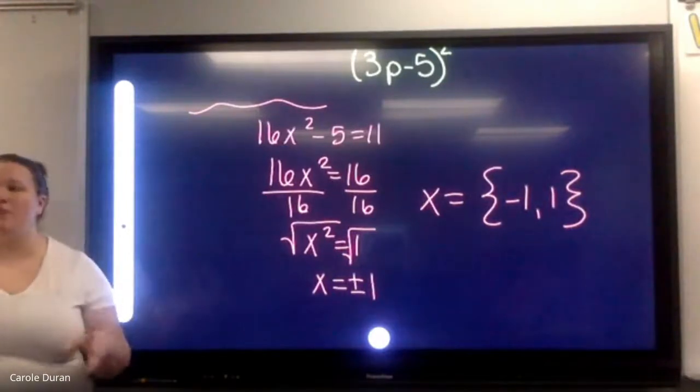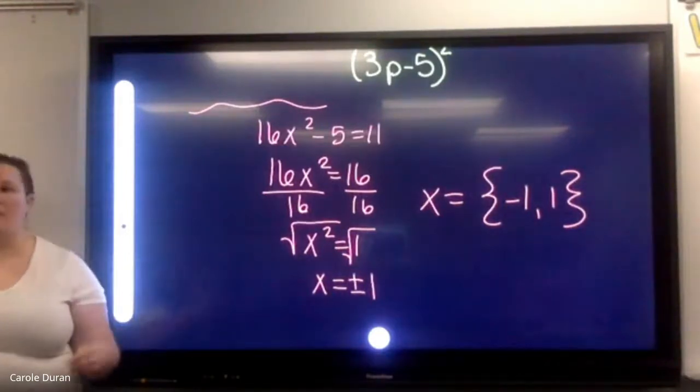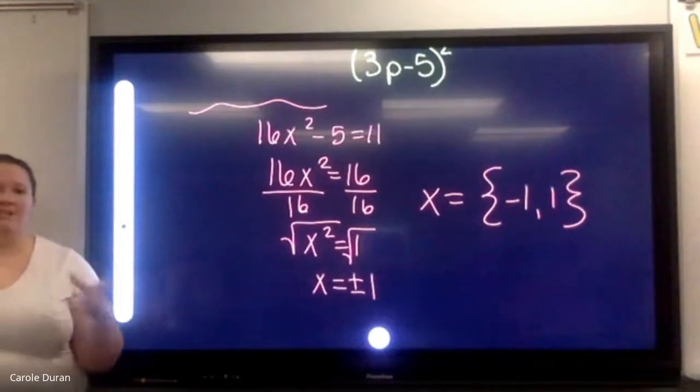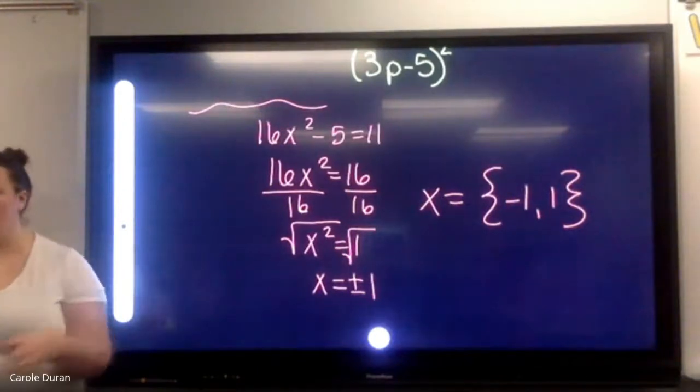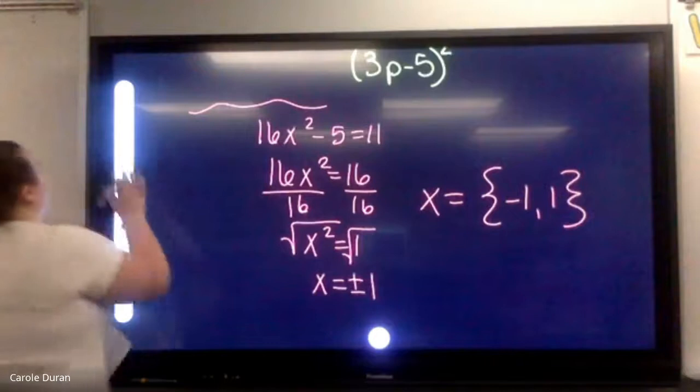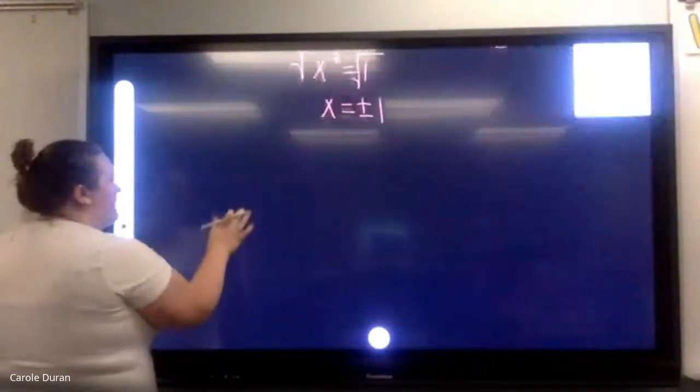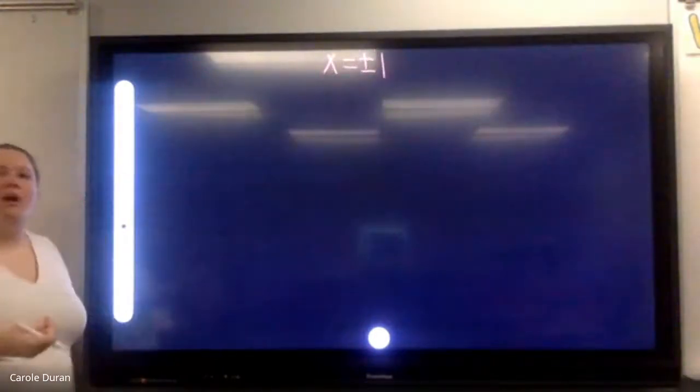So if you have a question, please ask it while we're doing it so I can address it and hopefully correct any misconceptions you have. Okay? Solving by completing the square is simply another way to solve a quadratic. So at this point, once we learn this, we're up to like 6 different ways that we can solve a quadratic, and they all apply to specific types of quadratics that are a little bit easier.